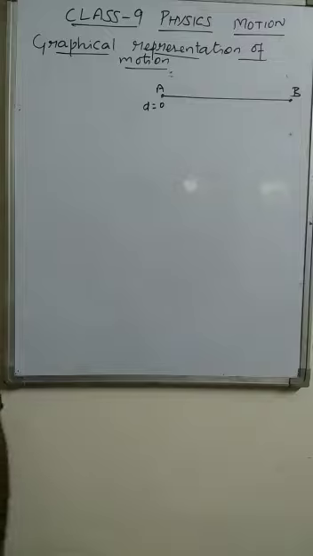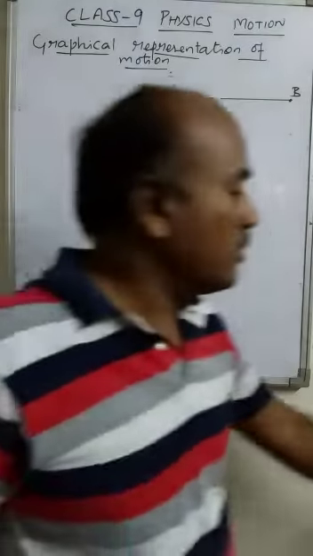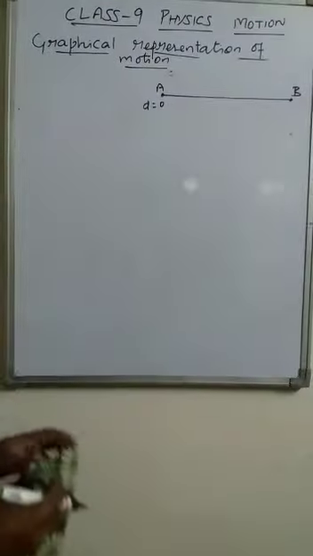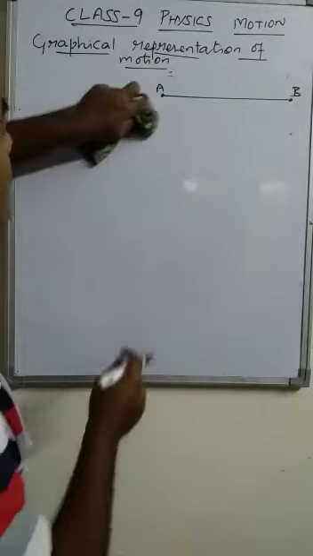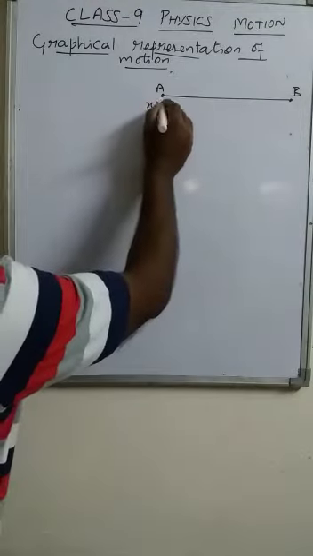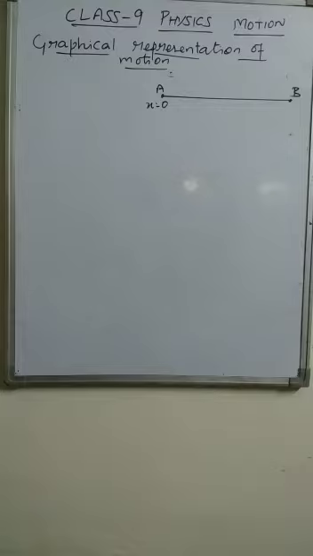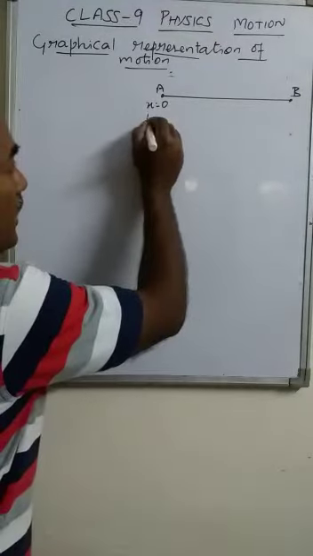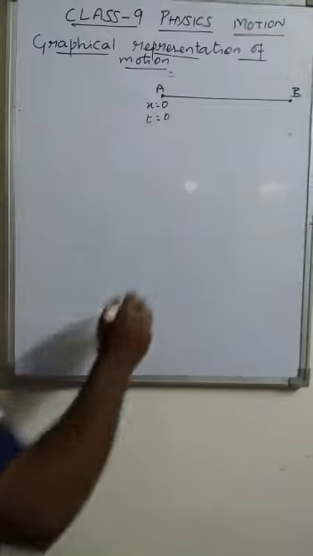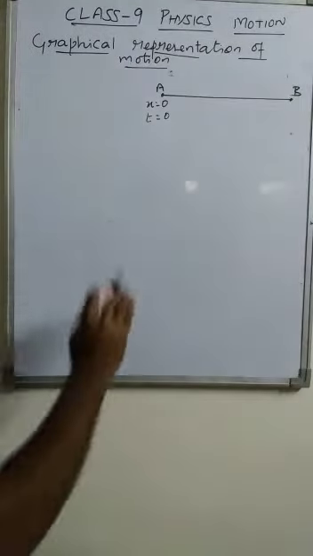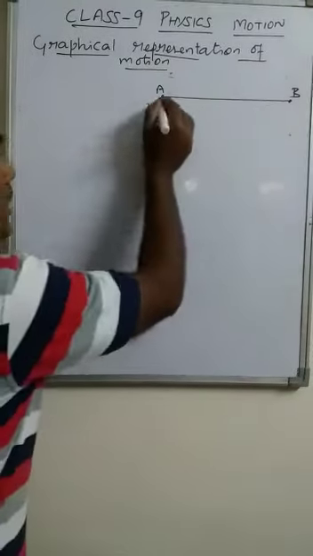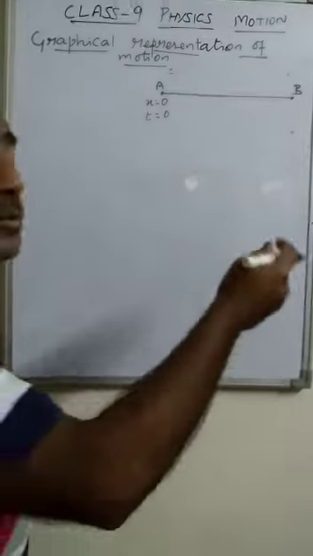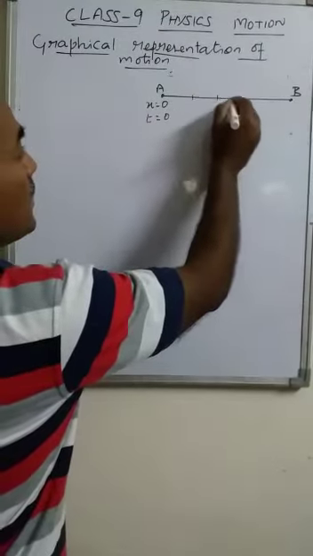Otherwise, in the place of distance, we can say the position of the object, x. In the beginning, we are taking the position is 0, and the time is also 0. Then the object starts its motion, which means the object is changing its position continuously.